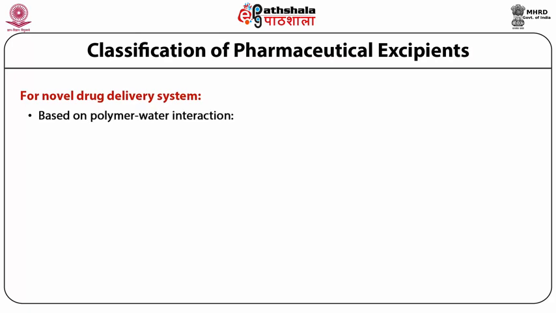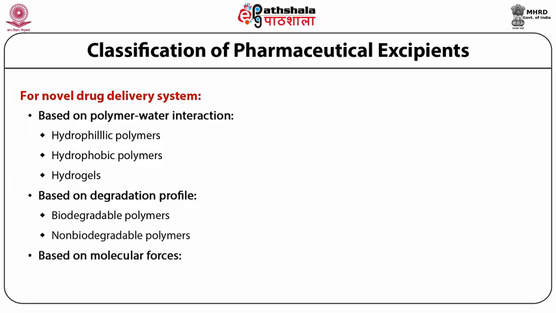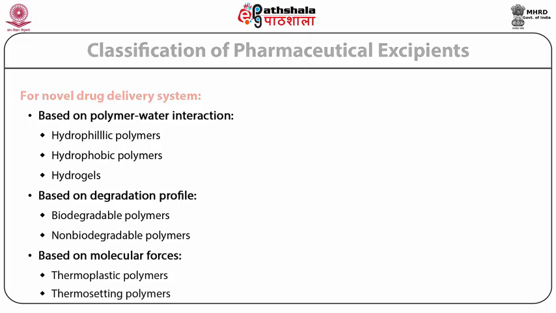On the basis of polymer water interaction, the different categories are hydrophilic polymers, hydrophobic polymers, and hydrogels. On the basis of degradation profile, these are biodegradable polymers and non-biodegradable polymers. Based on the molecular forces present, they could be thermoplastic polymers or thermosetting polymers.